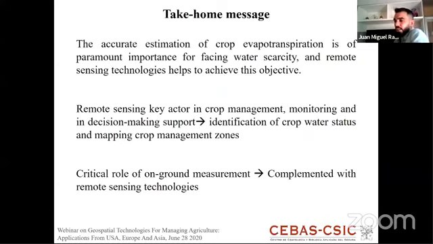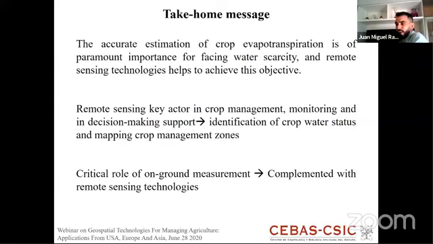And just for concluding, the main ideas I would like you to take home from this presentation are the following. First, that the accurate estimation of crop evapotranspiration is of paramount importance for facing water scarcity. And here, remote sensing technologies help to achieve this objective. Second, remote sensing plays an essential role in crop management, monitoring, and in decision-making support.